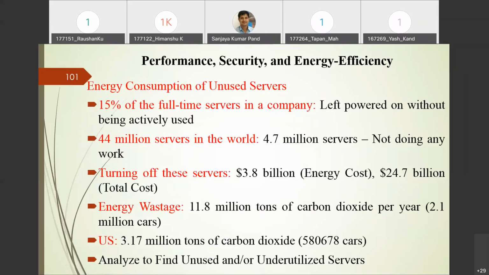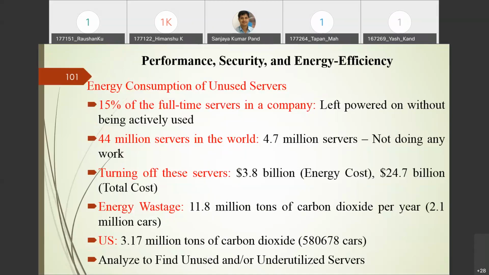Similarly, the statistics also say 11.8 million tons of carbon dioxide per year is generated by these servers which are not doing any work, which is the same as the fuel consumed by 2.1 million cars.